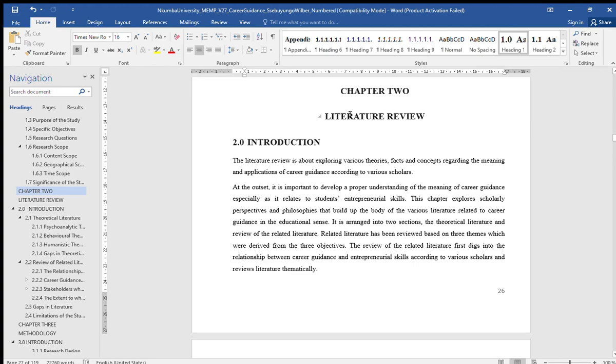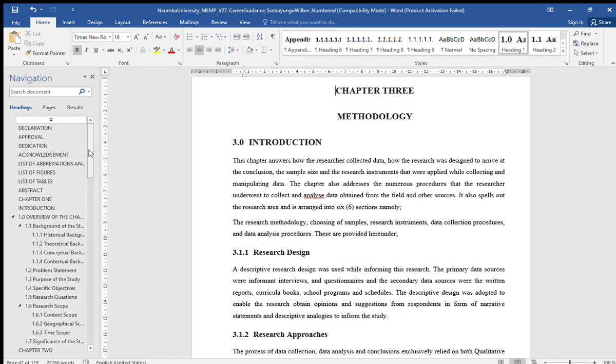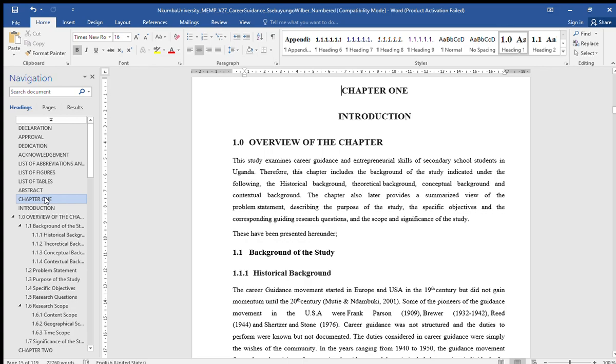Chapter 3 is Methodology. Those 3 chapters are the ones that are going to make up your research proposal. So if one is asking for a research proposal, he is asking for the contents of the 3 chapters: Chapter 1, Introduction; Chapter 2, Literature Review; and Chapter 3, Methodology.